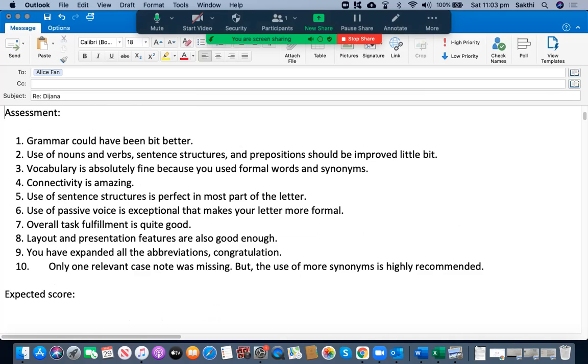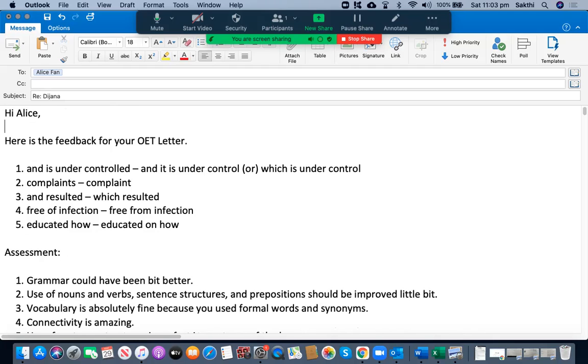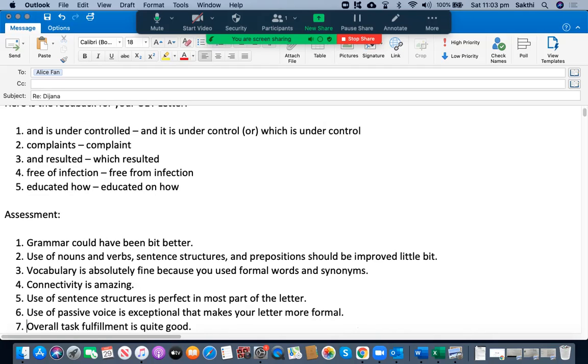Well, you haven't included one relevant case note, and then you have committed 5 mistakes. So mistake number 1 is a major mistake, but 2 is not the major one. And then the unresulted in, that could be the major one. Free of infection, no, that's not the good one. Okay, educated how? Yeah, so 2 mistakes are not the major ones, but the rest of them are the major ones.